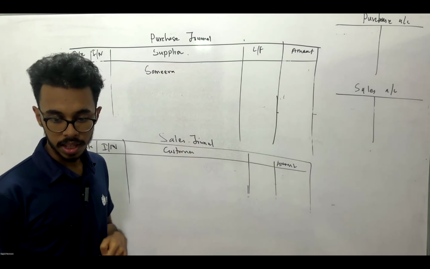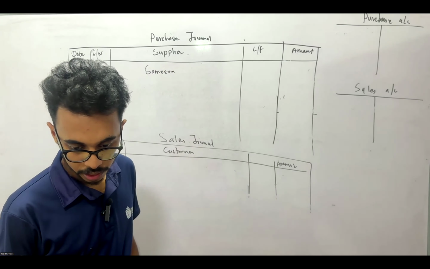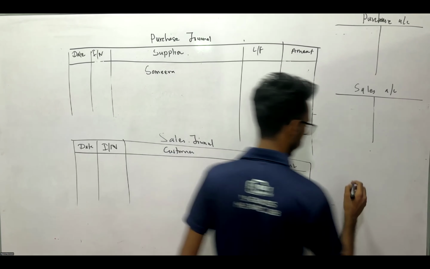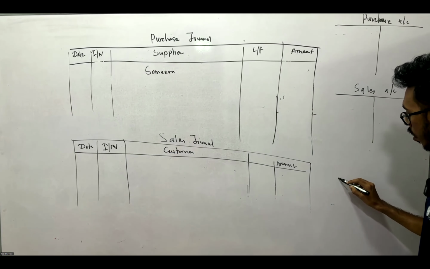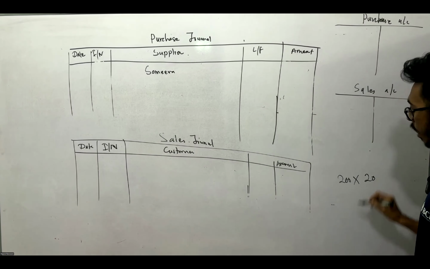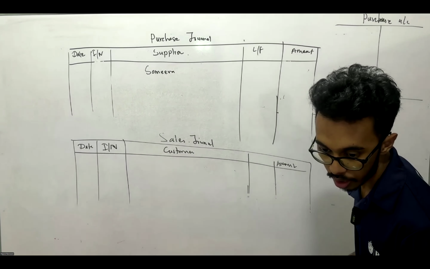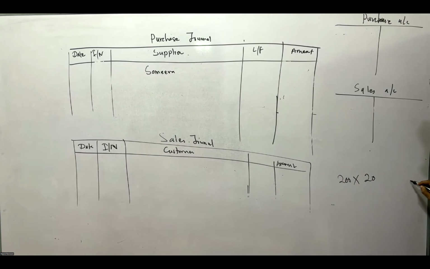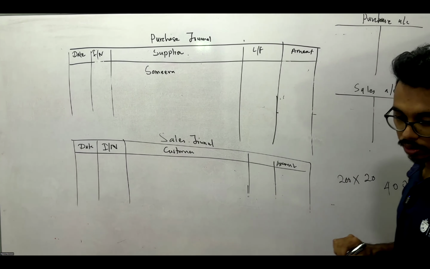Okay, Samira. You have purchased 20 tea packets at 200 each, right? So that will be 4,000.